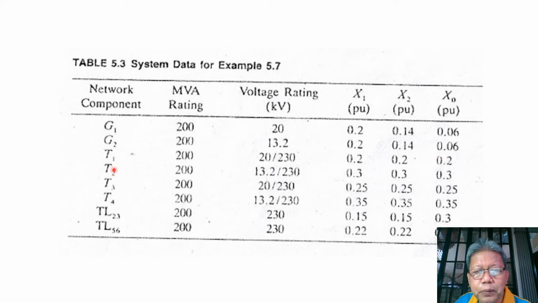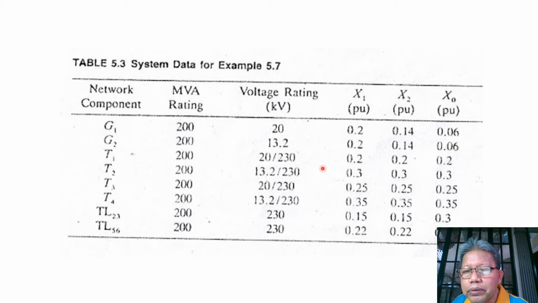Now for transformer T1, it has a capacity of 200 MVA and voltage rating of 20 to 230 kV, and its positive sequence reactance is 0.2, its negative sequence reactance is 0.2, and its zero sequence reactance is 0.2.